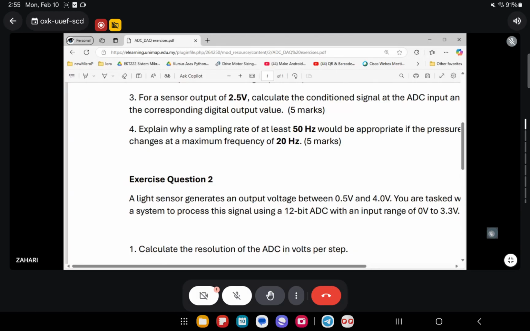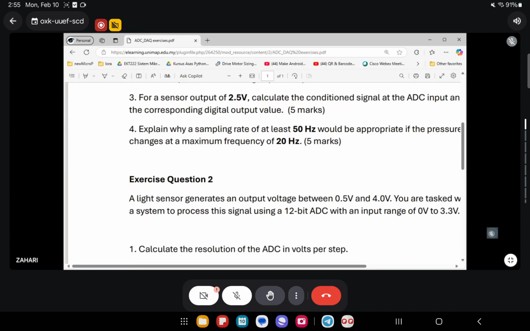And the answer you get here is 0.000806 volt per step.